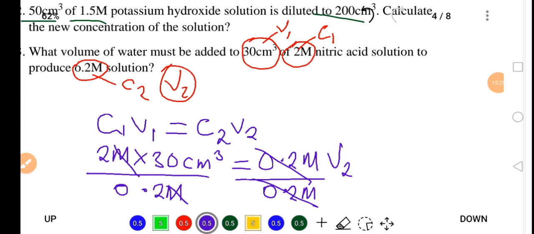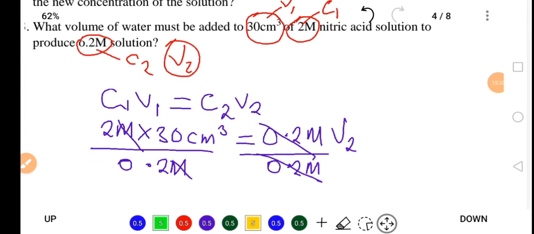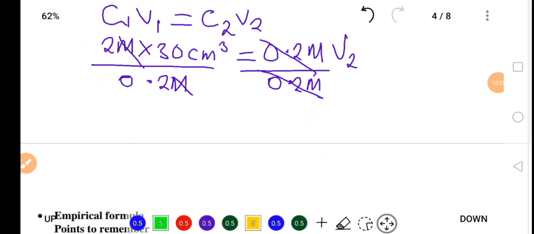So what are we going to do? What volume must we add? When you use your calculator very well, V2 equals 60 divided by 0.2.